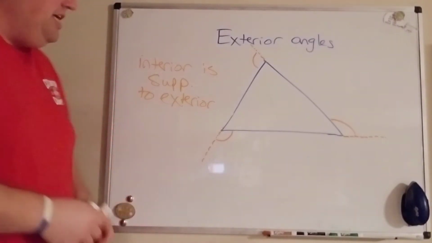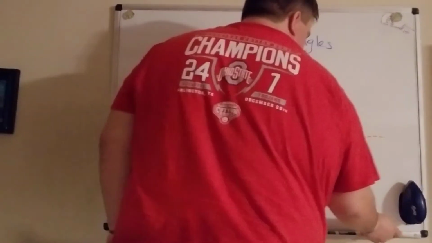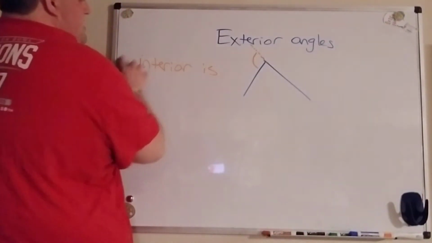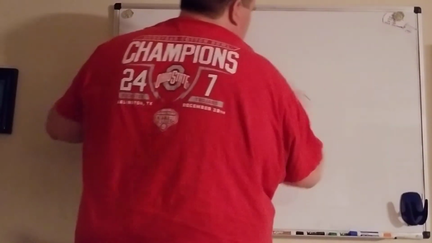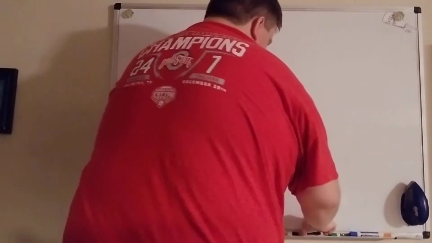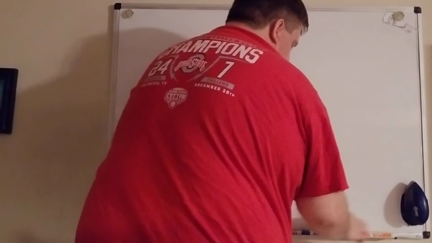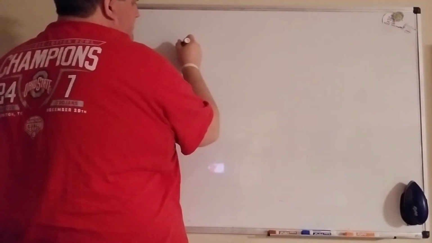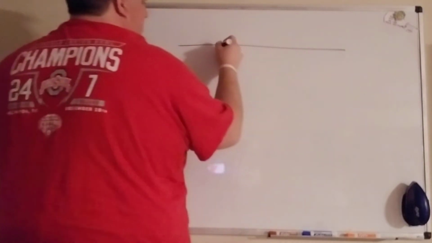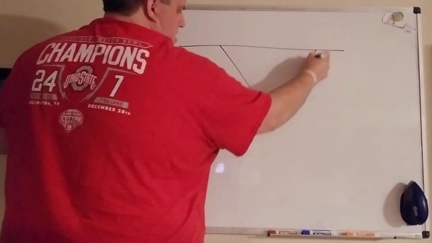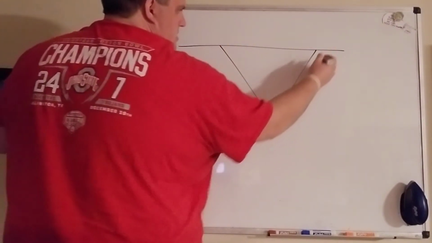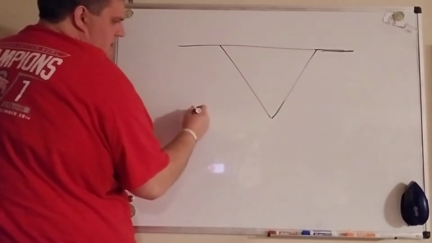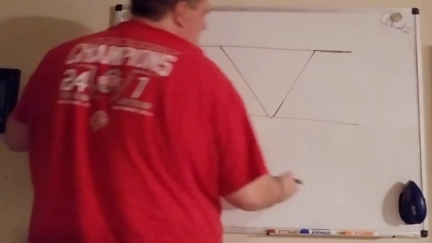But there's also this other relationship that we want to talk about. And so let me draw it out for you. And then we can talk a little bit about angles. So let's say we had a triangle. It looks like this. Just pretend like all my lines are straight. And I'm going to throw this line out there.